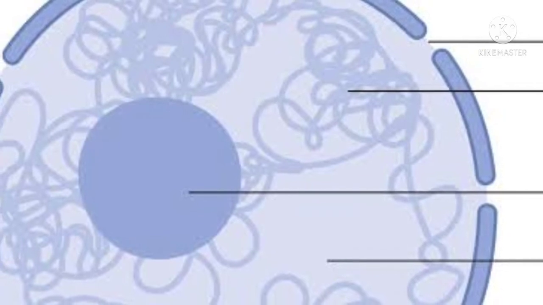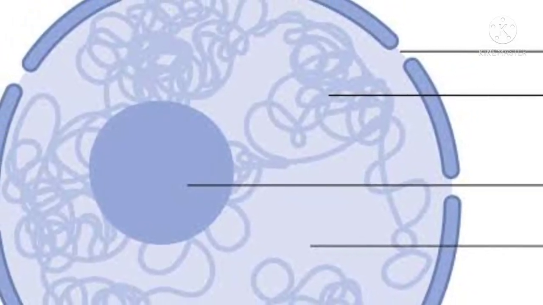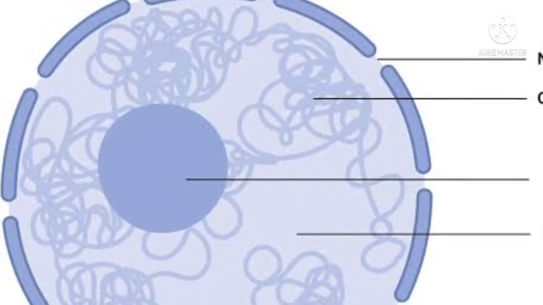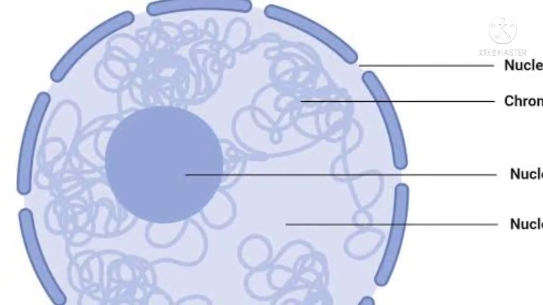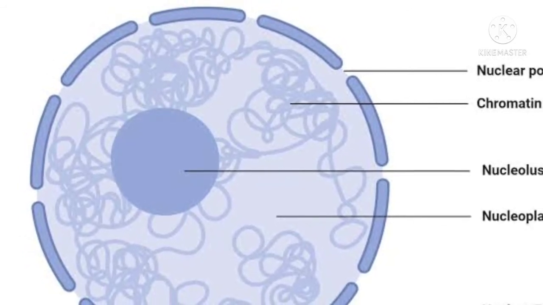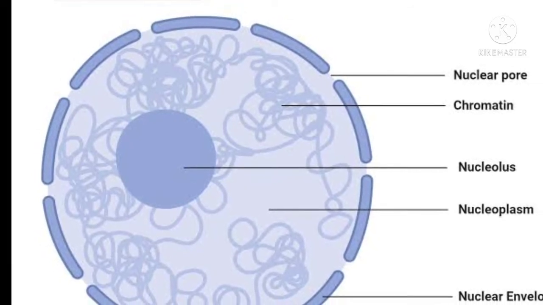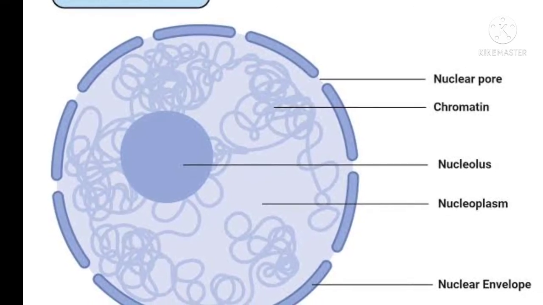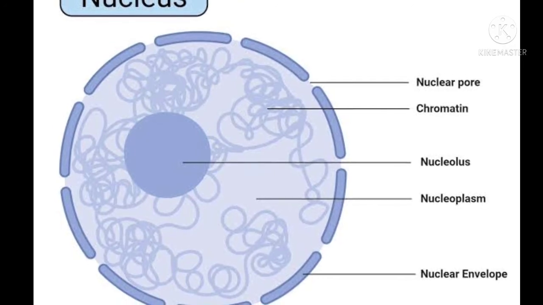Before observing the nucleus in cheek cells, we must know the shape and parts of a nucleus. In this picture, we can learn the shape and parts of a nucleus. It is round in shape and the parts are nuclear pore, chromatin, nucleolus, nucleoplasm and nuclear envelope.